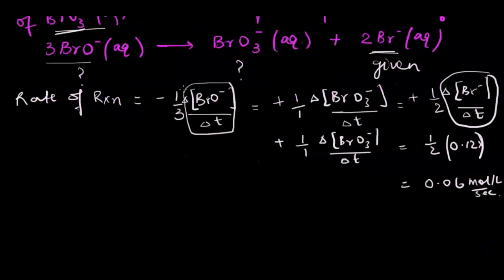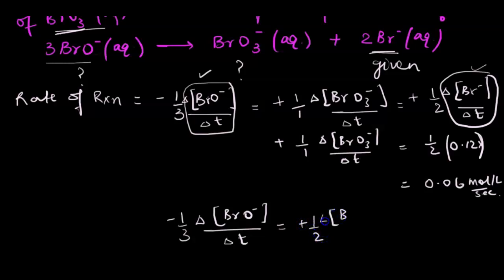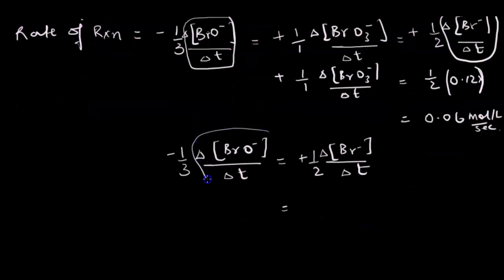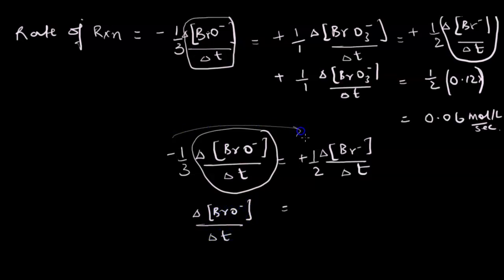Next, we have to find out the rate of reaction for BrO negative. So now we would relate this and this. We can put these two together. So negative 1 over 3 change in concentration of BrO negative over total time is equal to plus 1 over 2 change in concentration of Br negative over total time. We have to find this out. We would isolate this. So we would put it as change in concentration of BrO negative over total time, and we'll move this over on the other side.